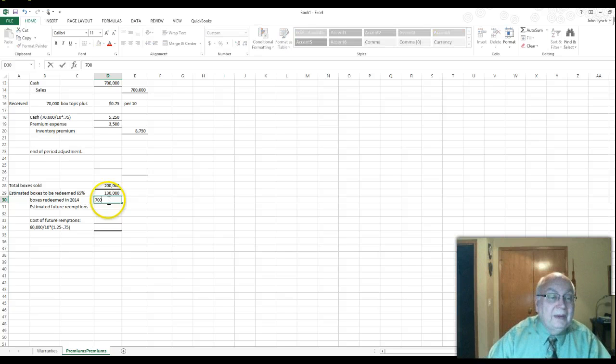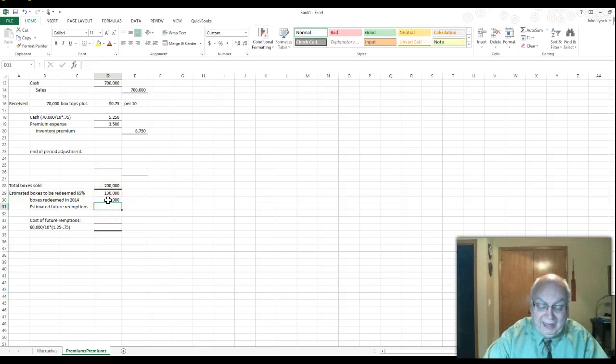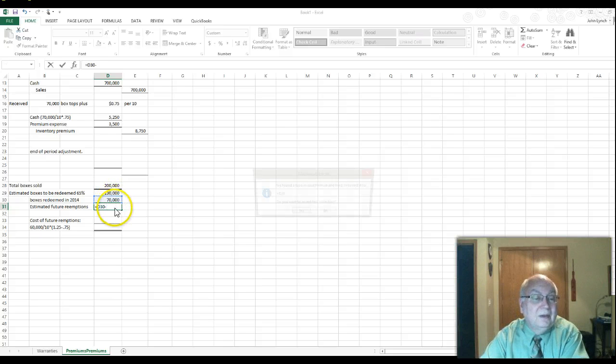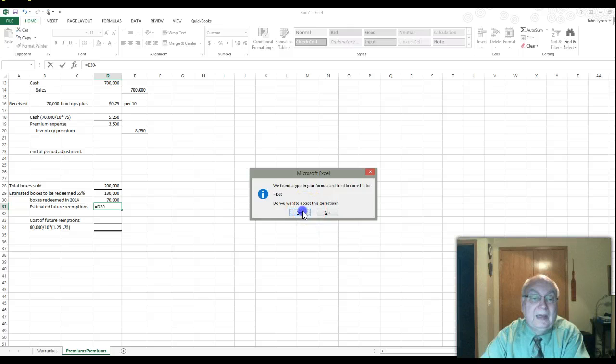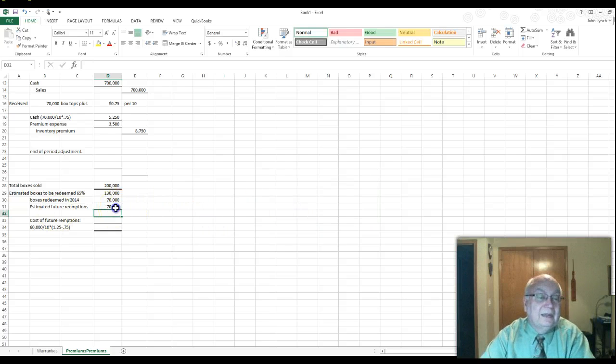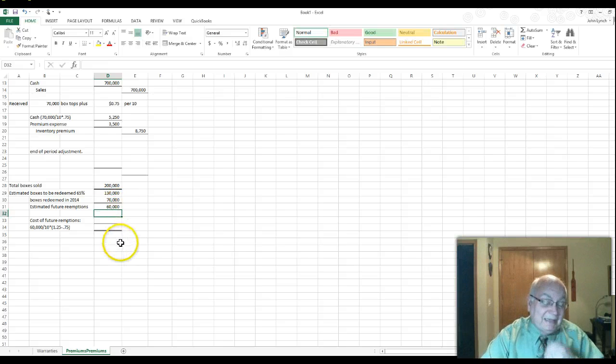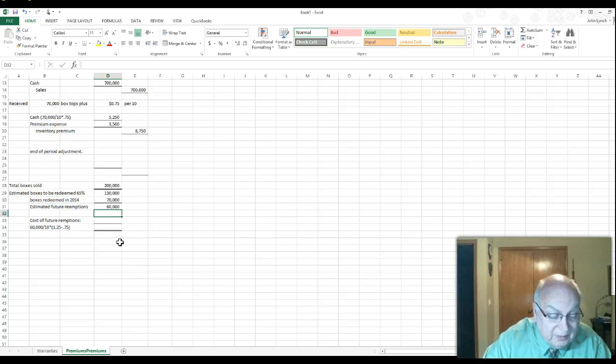You subtract off how many box tops we've had redeemed already, and the difference is the future amount that we think is going to be redeemed, which would be 130,000 minus 70,000, so 60,000 box tops to be redeemed yet, which is what we would expect.